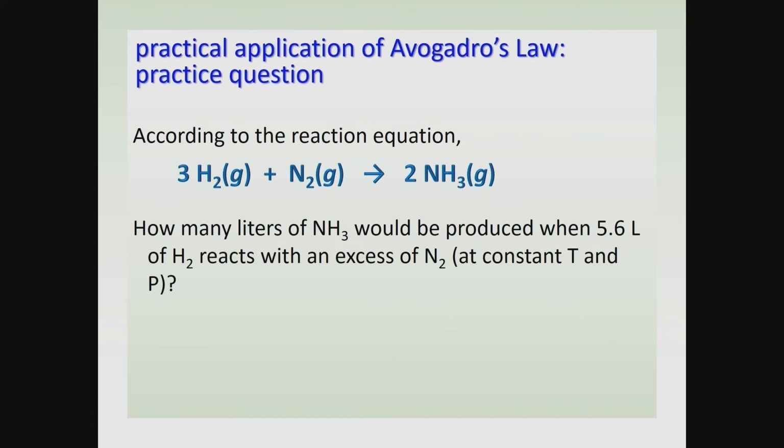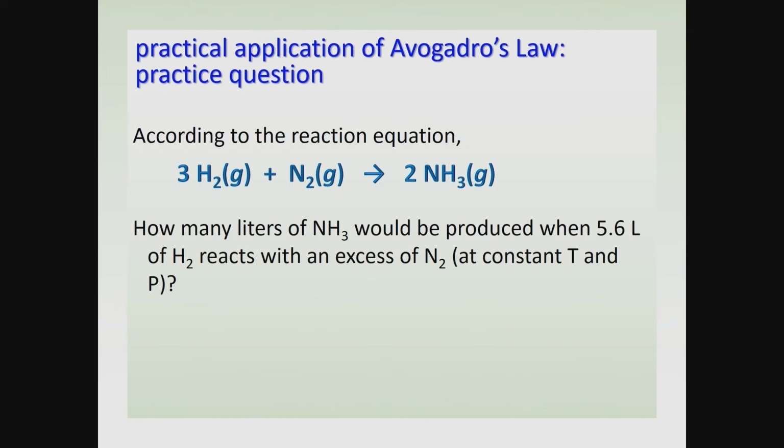It says, according to the reaction equation, and again, it's the one we just were looking at, how many liters of ammonia would be produced when 5.6 liters of hydrogen reacts with an excess of nitrogen? Here we have 5.6 liters of hydrogen, and from that equation, what we want to do is figure out how many liters of ammonia are produced.